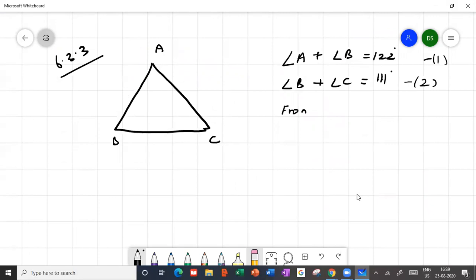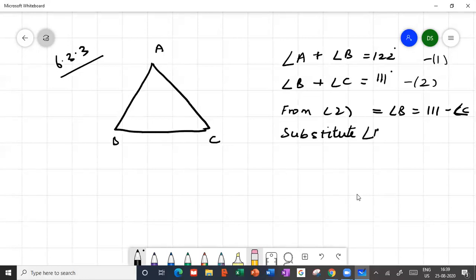From 2, I can say that B is equal to 111 minus angle C, correct? Substitute B in 1. What will I get? Angle A plus 111 minus angle C is equal to 122.